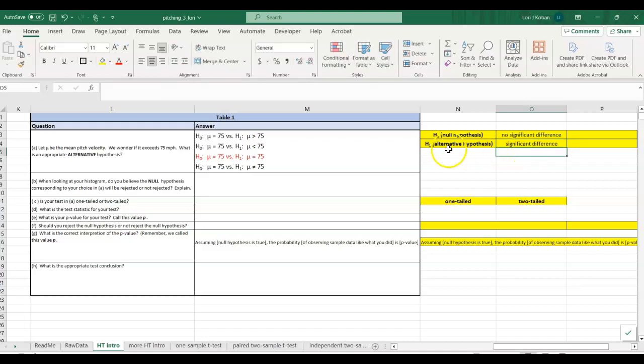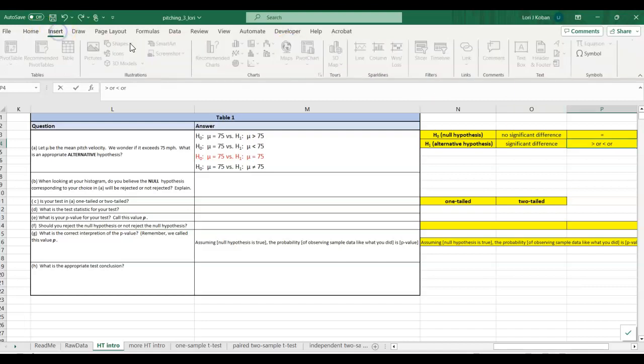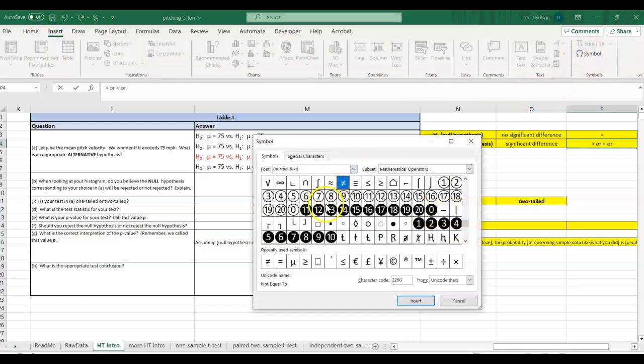So it's not going to be equal to. The null hypothesis is, I think that it just equals 75. The alternative hypothesis is going to be that I think that the mean is actually greater than or less than, or let me see, I think we can insert a symbol, or not equal to.